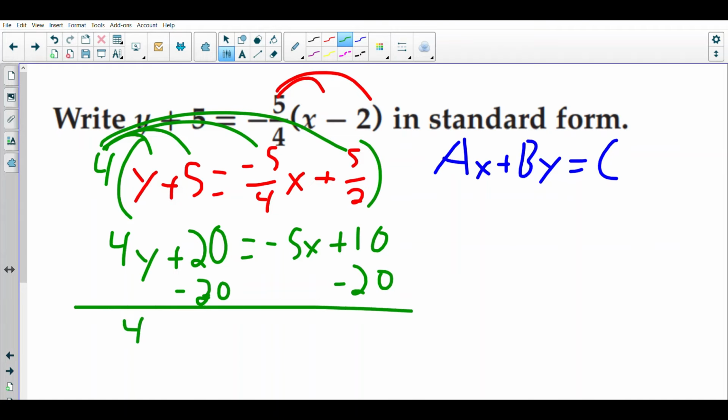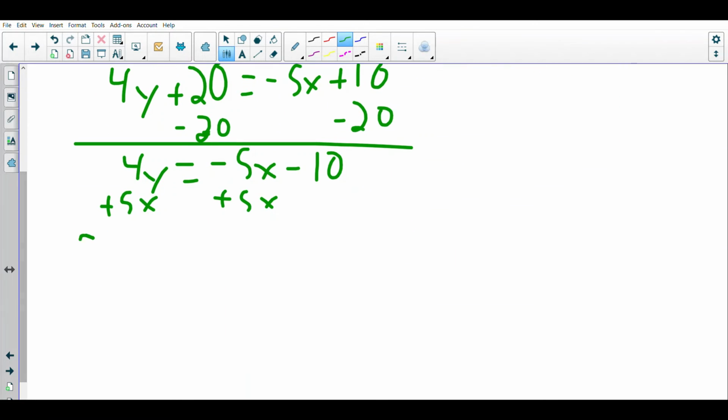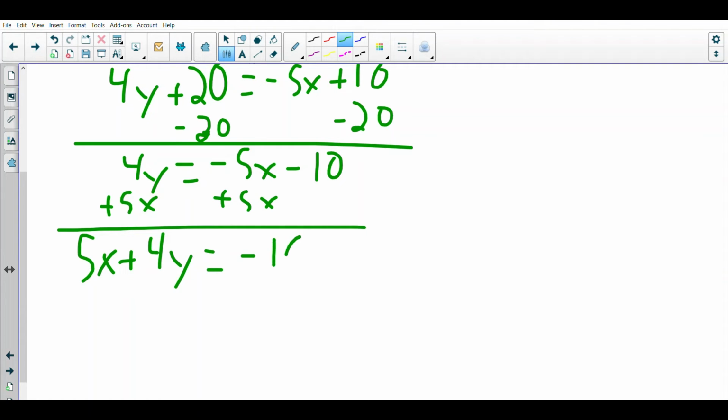So I get 4y is equal to negative 5x minus 10. And then I'm going to move the 5x. So I'm going to add 5x on both sides. And so I'm left with 5x plus 4y is equal to negative 10. And there is my standard form, because I'm in ax plus by equals c form.